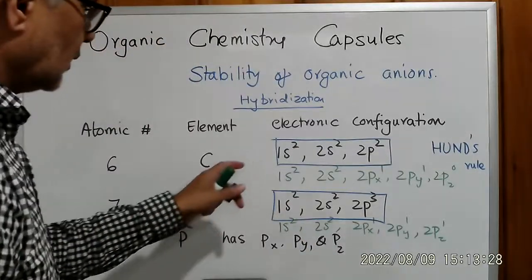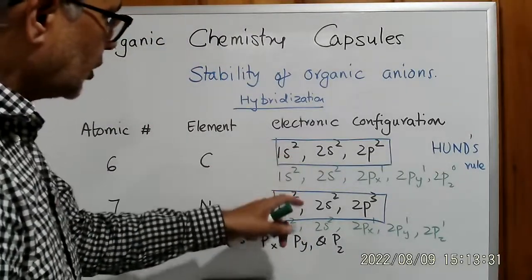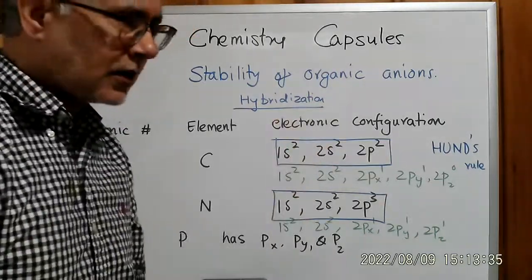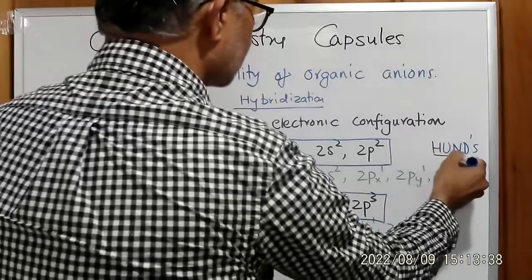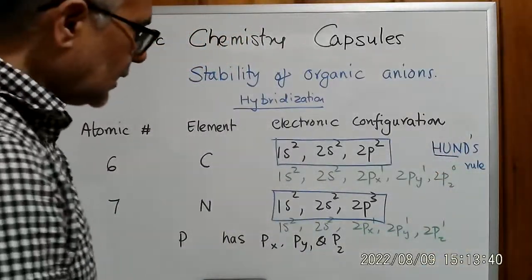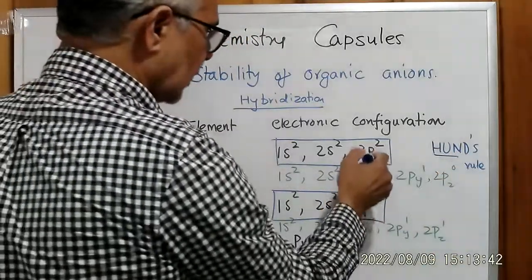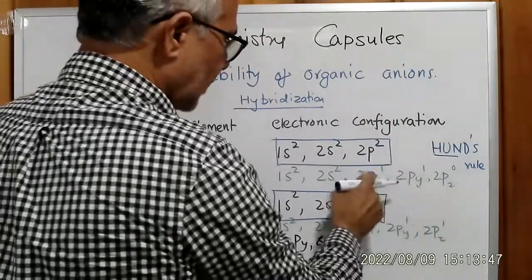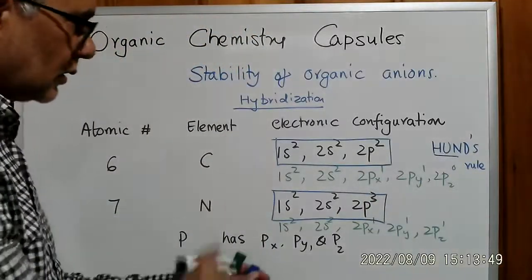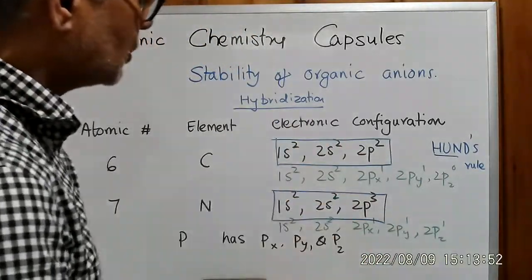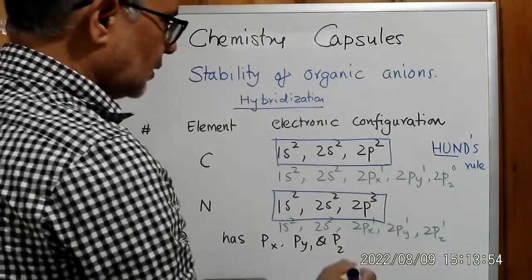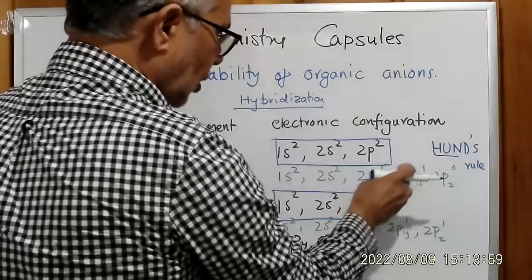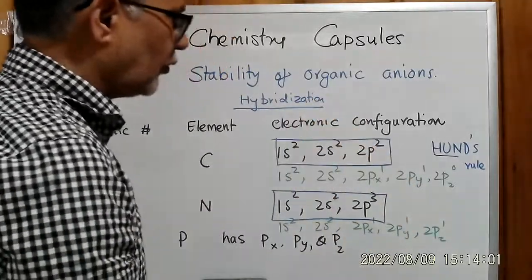The electronic configuration of carbon can be written like that, but it's not entirely correct, because there's something called Hund's rule. The p orbital is degenerate. It has three suborbitals, px, py, pz, along the three axes. Hund's rule says that electrons tend to occupy the orbitals singly before they pair.